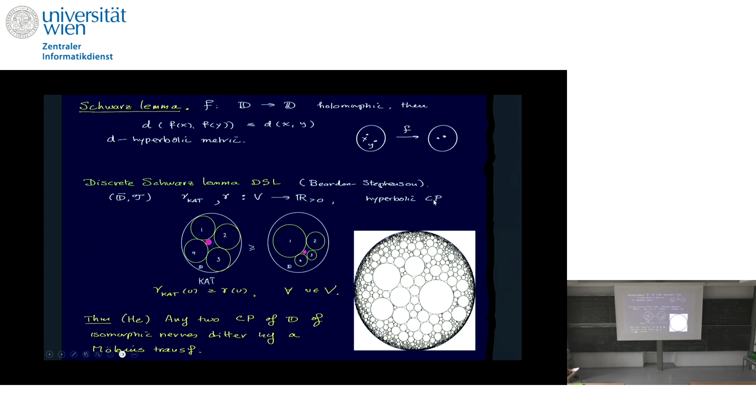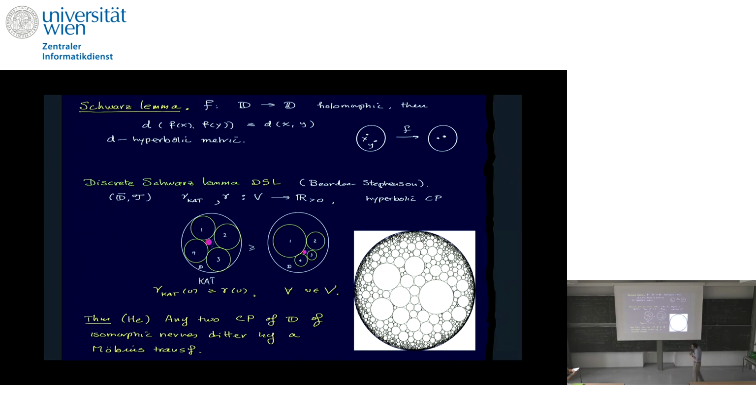So all triangles are hyperbolic triangles. Okay. This is the KAT packing coming out of this triangulation, where the boundary circles are all tangent to the unit circle. And so these are horocycles, and the radii are all infinity. And the right-hand side is any circle packing inside the hyperbolic space.